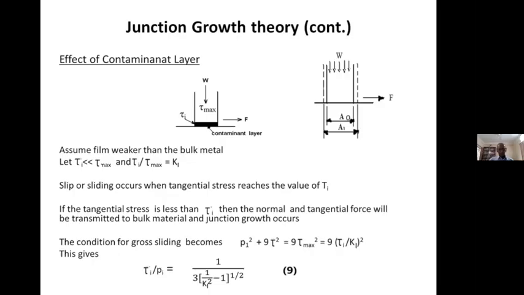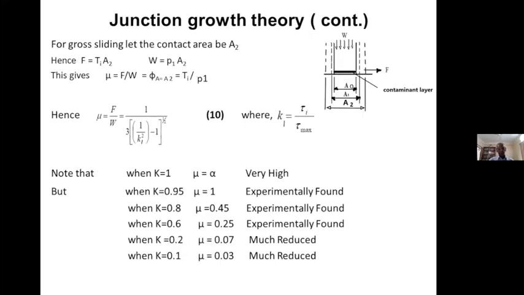So if we look at equation 9, then we must say that at some point sliding will occur, and when sliding occurs, the area will go further, and let's call it A2. Look at the figure on the right hand side.